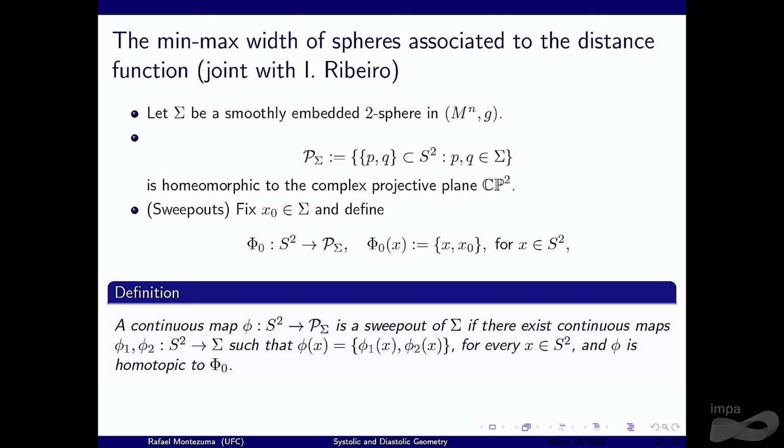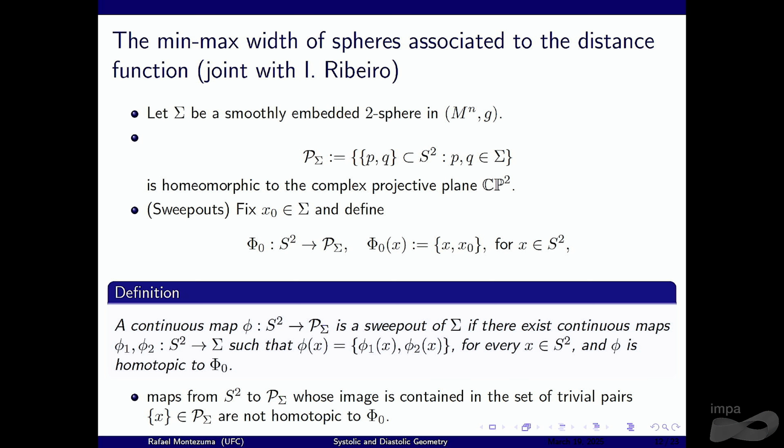For us, the sweep-outs are going to be maps from S2 to the space of pairs of points, made of two continuous maps from S2 to sigma, phi 1 and phi 2, which are also homotopic to this standard sweep-out.